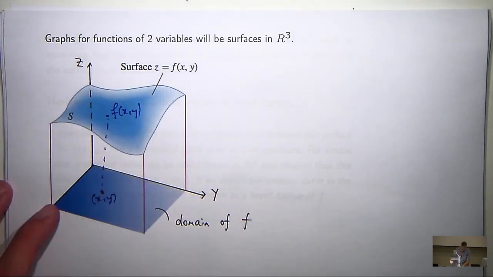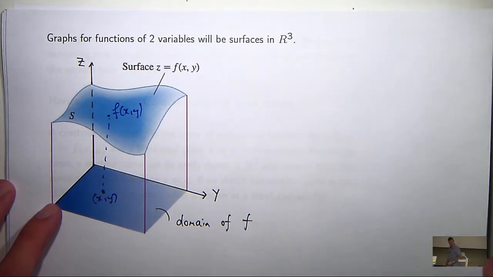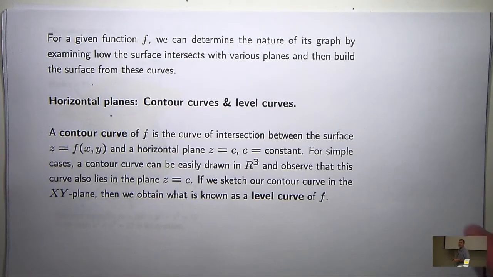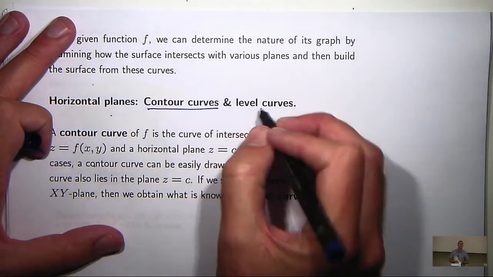Okay, so I'm going to use two things, contour curves and level curves. They're kind of the same thing, with just a slight difference between them. A contour curve of a given function f is a curve of intersection between a horizontal plane and the surface.